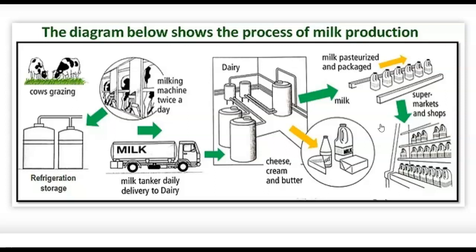I don't want you as IELTS test takers to feel that you have to recreate all of these words that you see here. I would hate to see somebody try to rephrase milking machine or try to rephrase refrigeration storage. It's not necessary. Those words are there to help you. Use them. Okay? What you don't want to do is you don't want to copy the language from the prompt word for word.